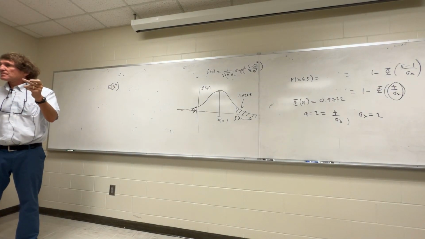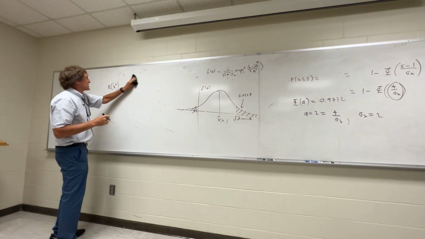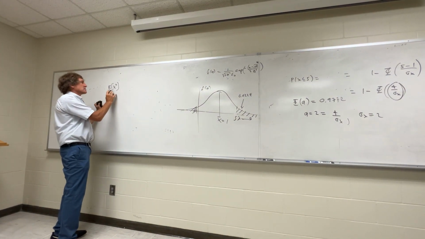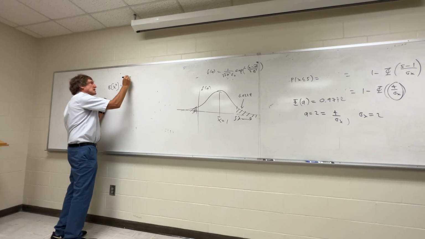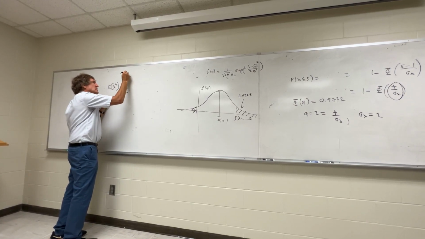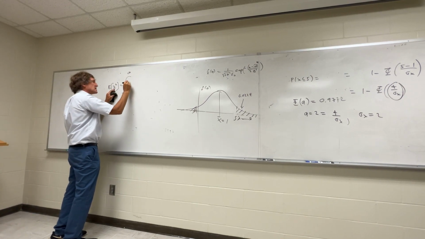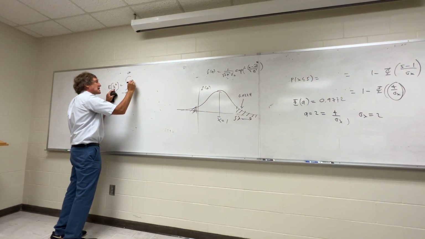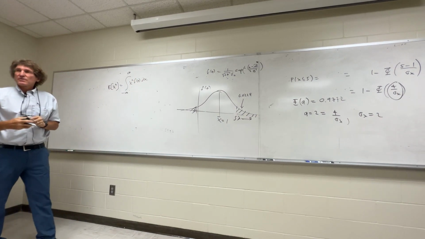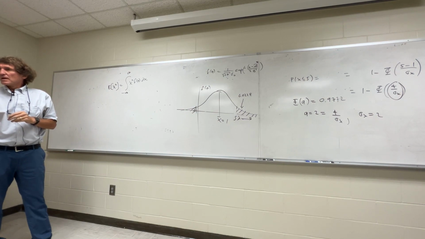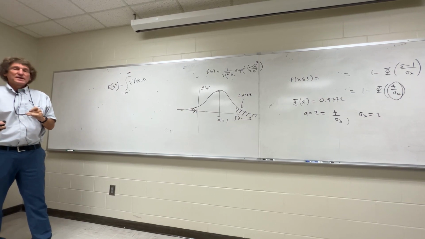Anytime you have an expected value of anything, it doesn't matter what that function is, it's just going to be an integral from minus infinity to infinity of that function. Here it's x to the n times the density function, which would be f of x dx. I can leave x in there because the integration goes to infinity. Now that is the moment.